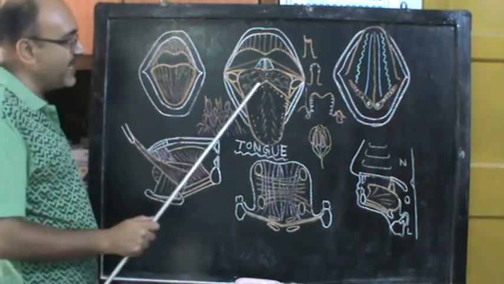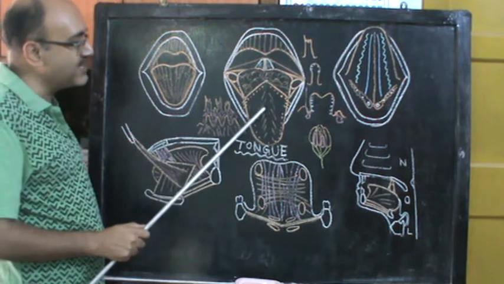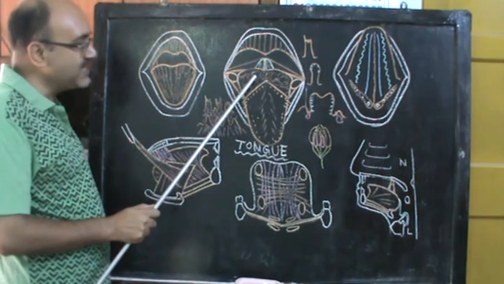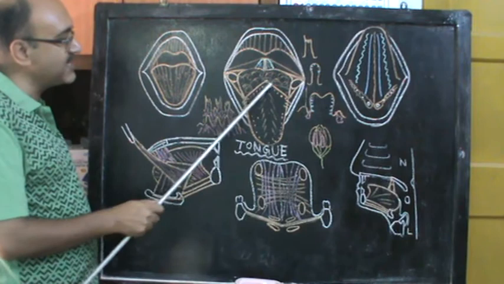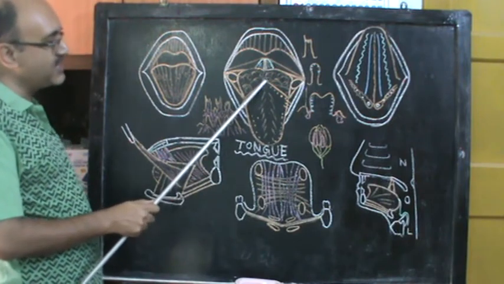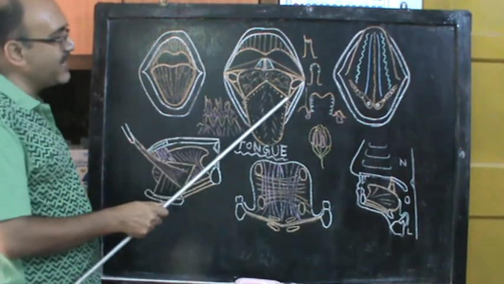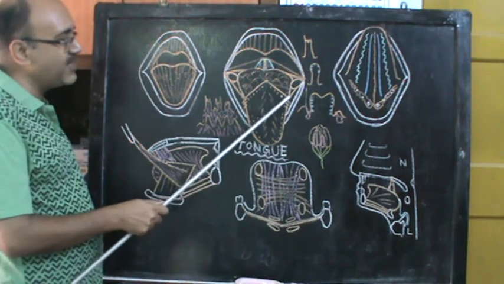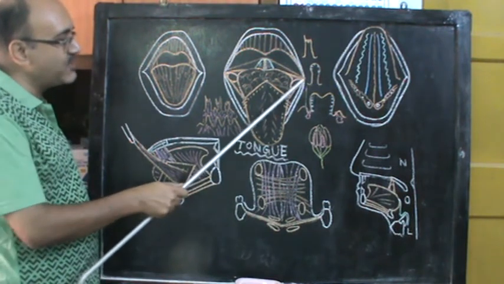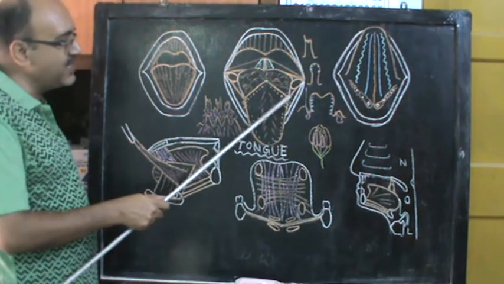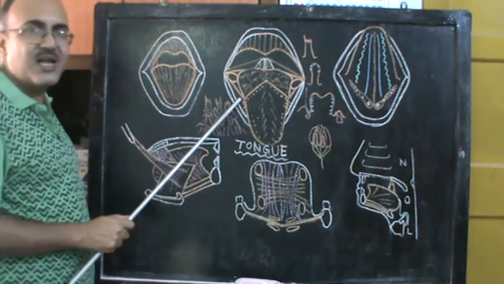So again we come back to this picture. When the person is saying ah and protruding the tongue, you can see the oral part of the tongue, the pharyngeal part of the tongue, the sulcus terminalis, and the foramen cecum. At the junction of the oral and pharyngeal parts of the tongue, from the side walls of the oropharynx, you can see the fold of the palatoglossal arch.